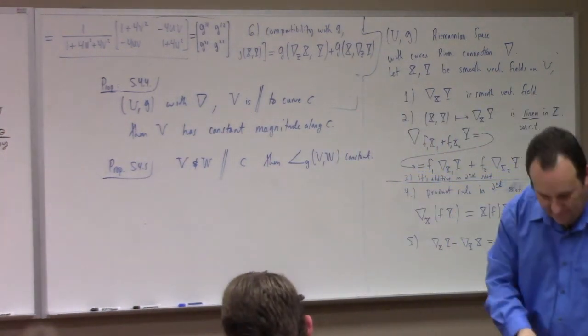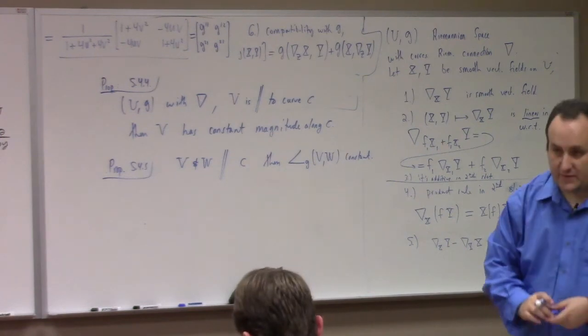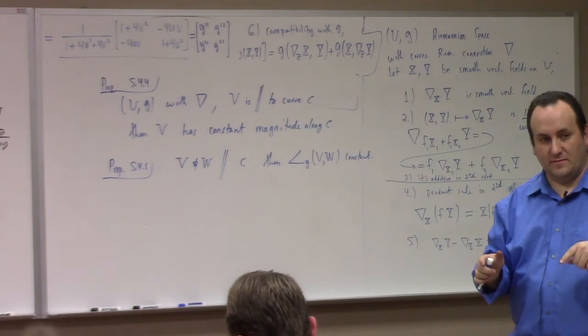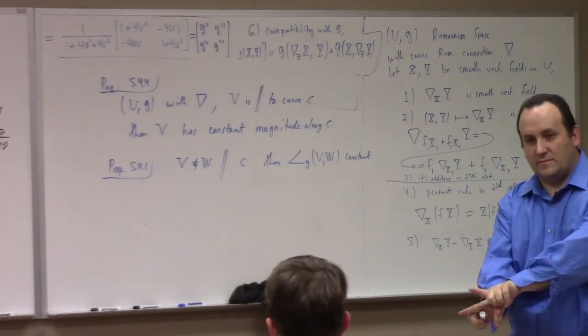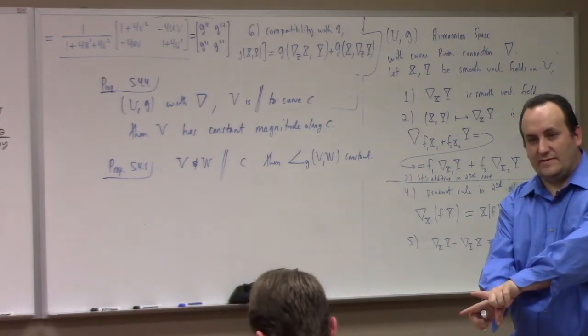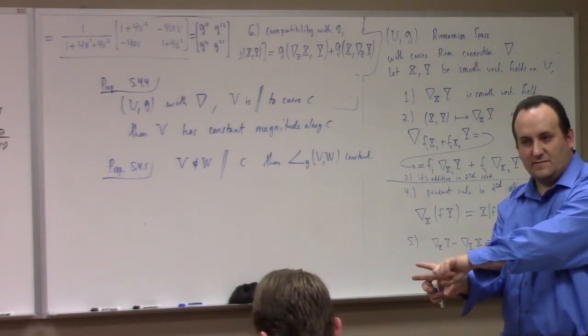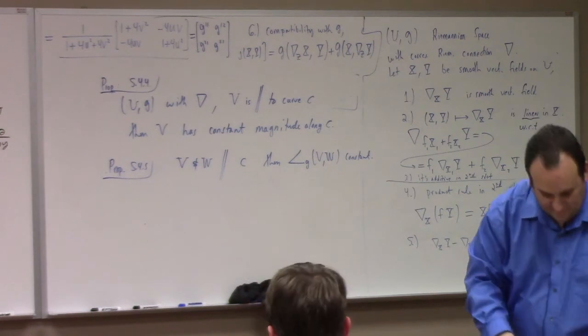So if we look at constant vector fields along a given curve, they have constant magnitude, and if you've got a pair of them, the angle between them at one point is the same as the angle between them anywhere else. What does this mean then? What does this suggest?